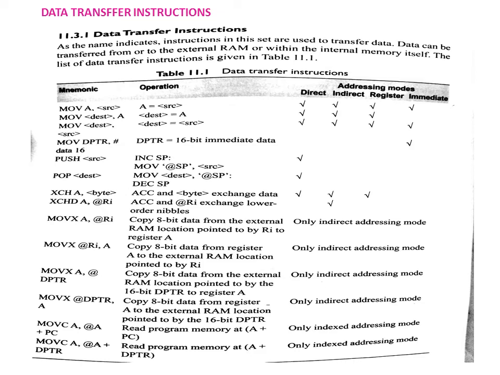Nibble means 4 bits. The lower order nibble is exchanged between the accumulator and the indirectly addressed internal RAM's data. That is the meaning of XCHD. The lower order nibble's data is going to be exchanged with the RAM's data.